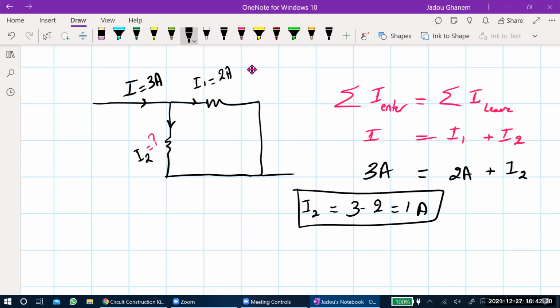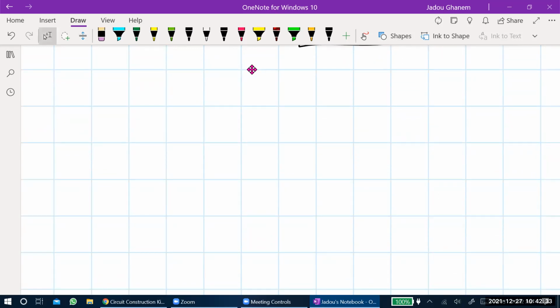Let me provide you a complicated circuit for now, and check if you can distinguish between the parallel and the series parts.